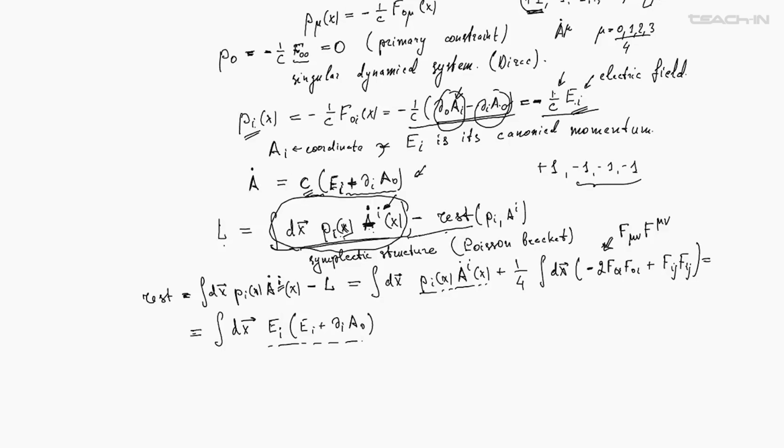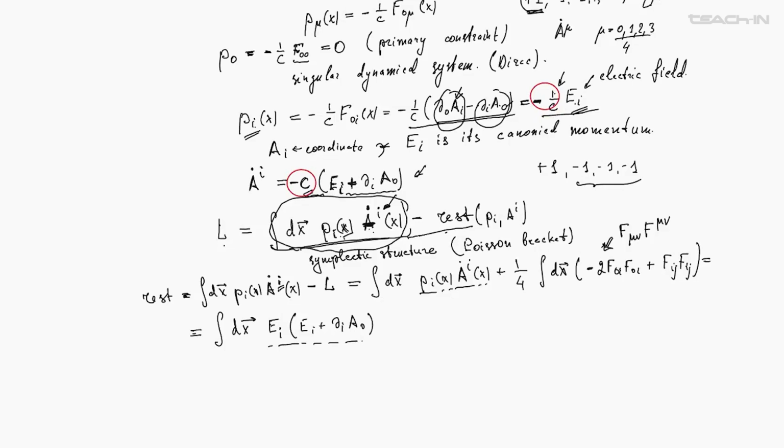And this minus c, let me do it in red just to show you, this is -1 over c, will cancel with this minus c. So these two cancel, and this is what I'm writing here. Agree? Yes, seems fine.